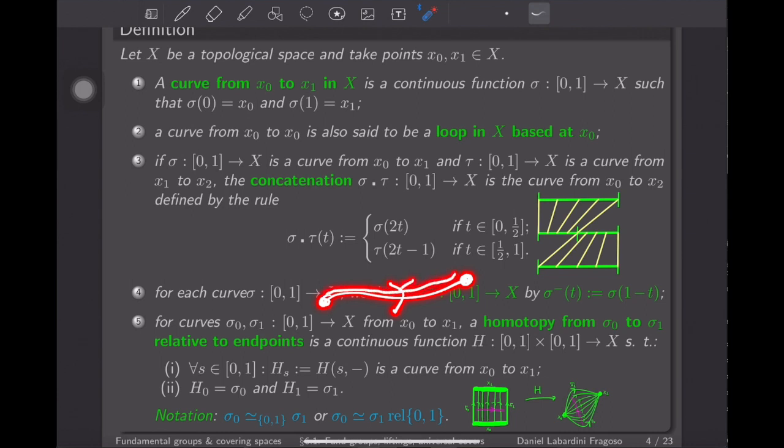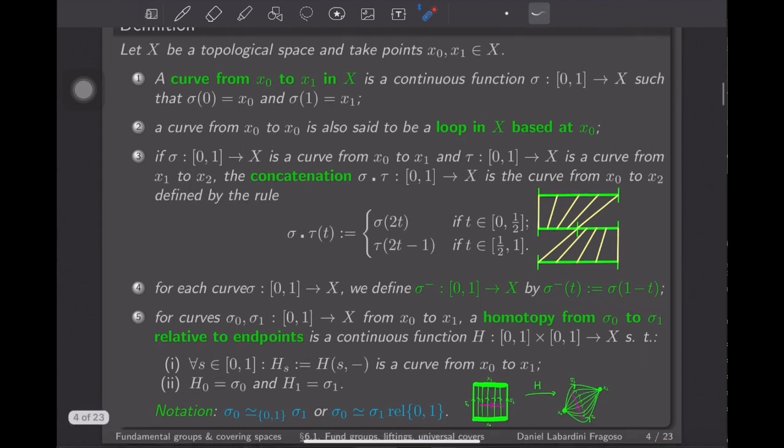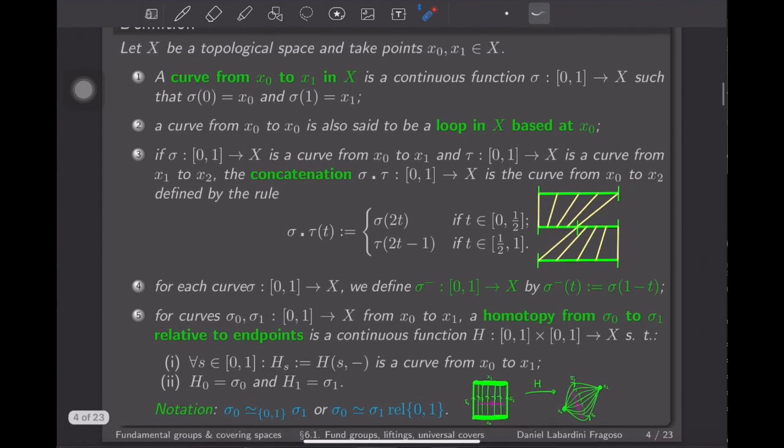It has the same trace, the same image, but it goes in the opposite direction. And finally, the notion of homotopy between curves.